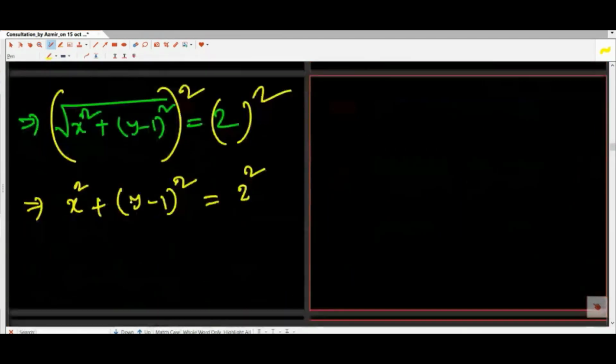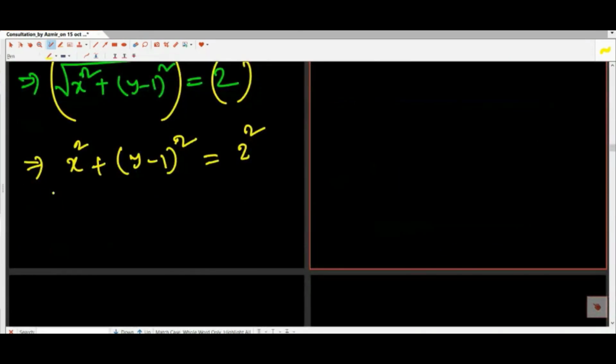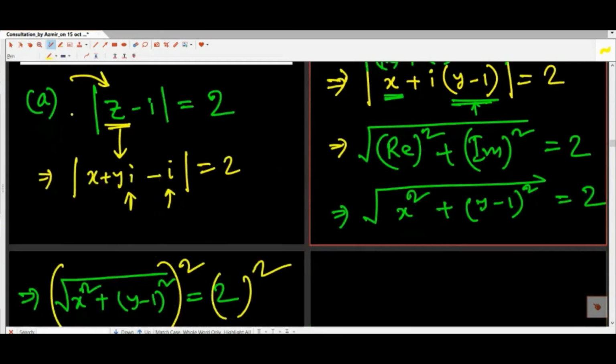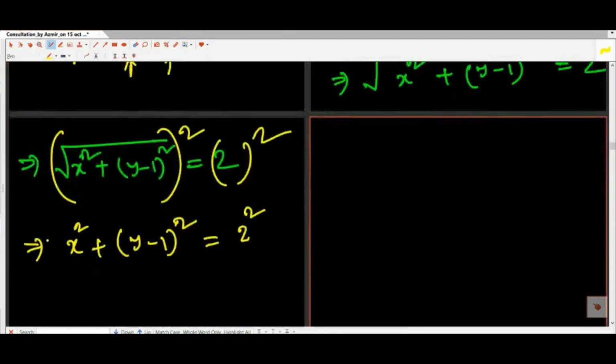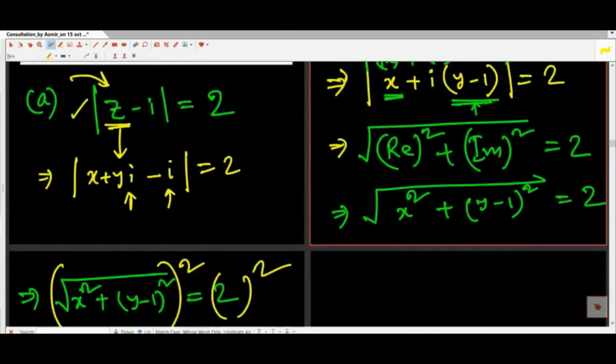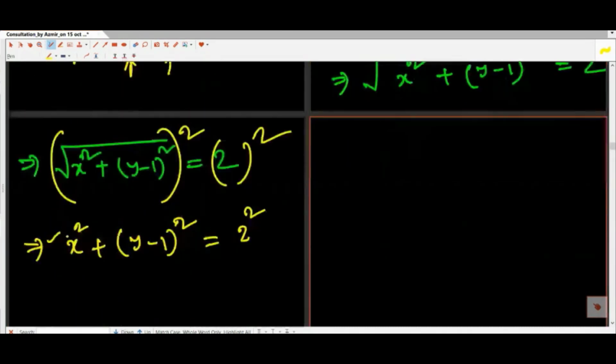From this equation we have found another new equation. That means the previous equation and the final equation are same, but the representation is different. That is, it is with z and i, but here we have x and y form.